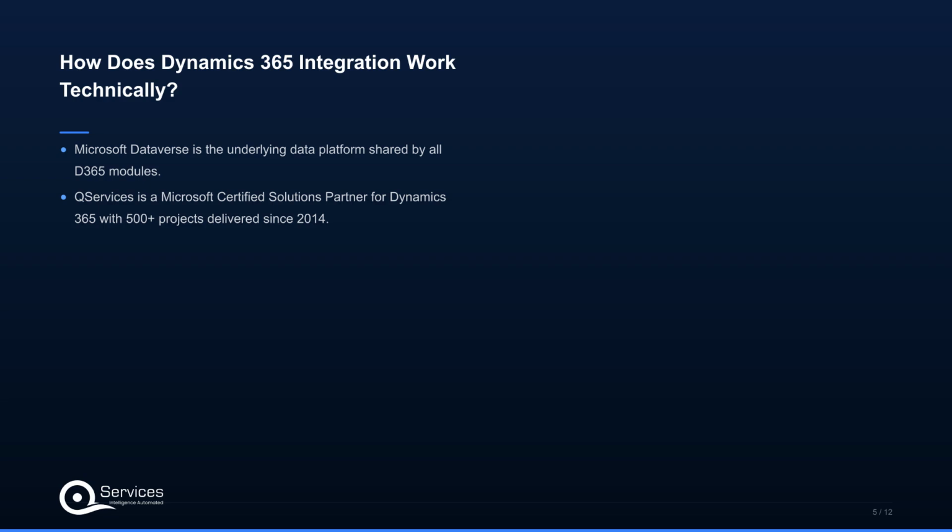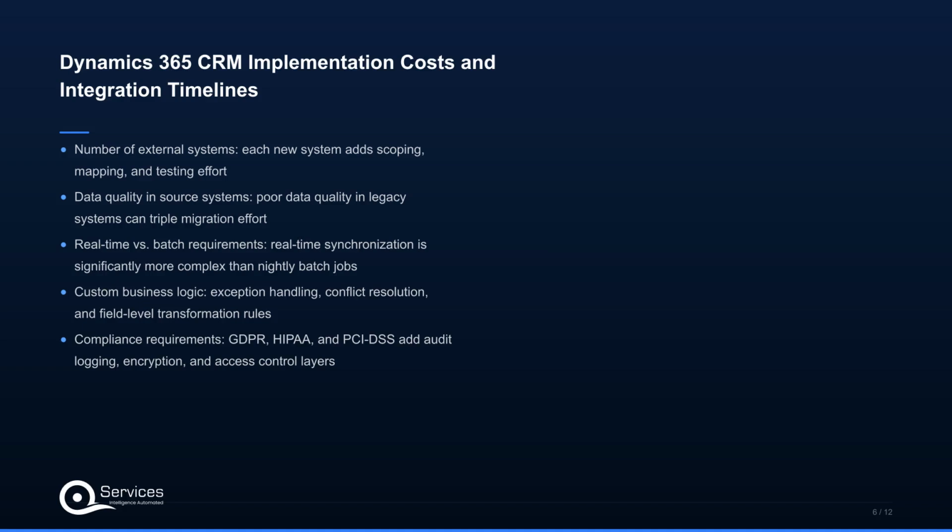For large-scale or regulated deployments, Azure Integration Services provides the full enterprise integration stack, API management, logic apps, Service Bus, and Event Grid. This is the architecture used in financial services, healthcare, and logistics environments where message ordering, guaranteed delivery, and audit trails are non-negotiable requirements.